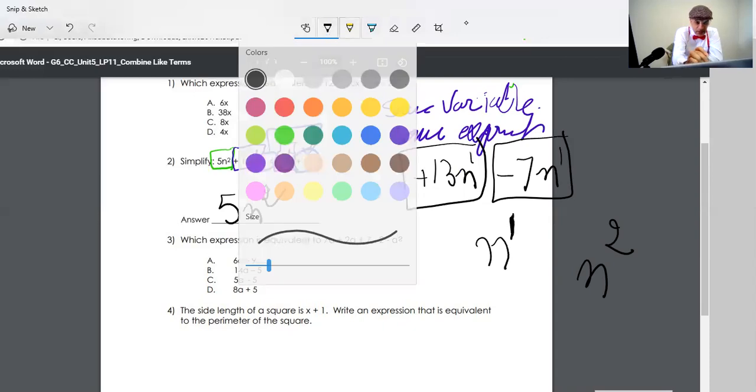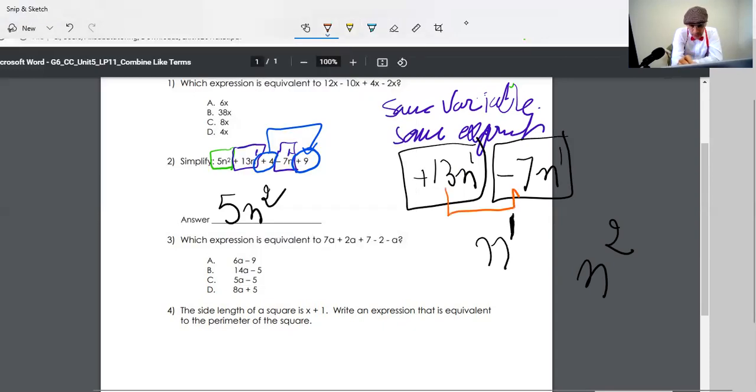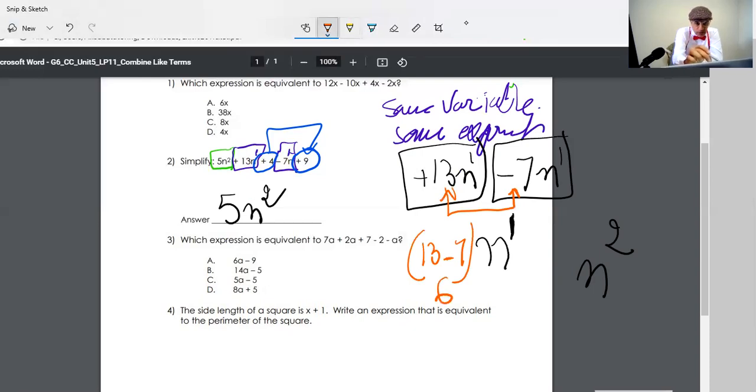What gets combined is the numbers next to that, which we call the coefficients. So you got 13 minus 7, and 13 minus 7 is going to give you 6, right? The variable and the exponent, nothing happens to that. So it's plus 6n to the 1. The 1 on top, we write it or we don't write it, doesn't matter. Okay, so we did that.